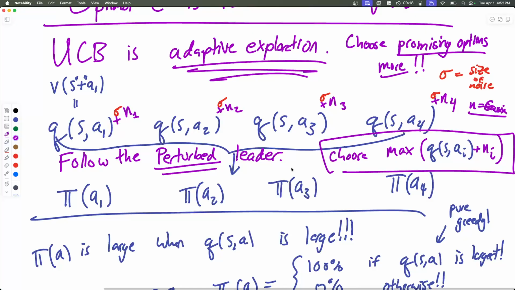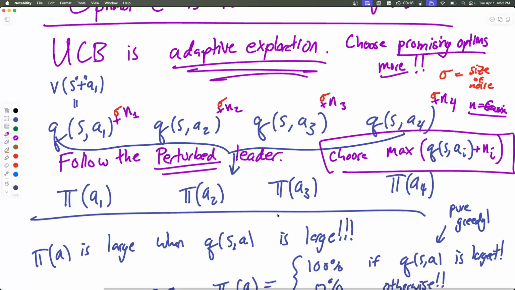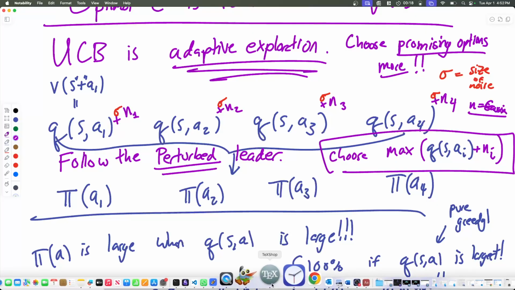You follow the one who, when you added on the noise, comes out on top. And it's really simple. That's the main advantage. You can also have a sense of what the sigma value means. If you know the Q values represent winning or losing, you know what sigma represents. A sigma of 0.1 represents a 10% fudge. A sigma of 0.01 represents a 1% fudge.